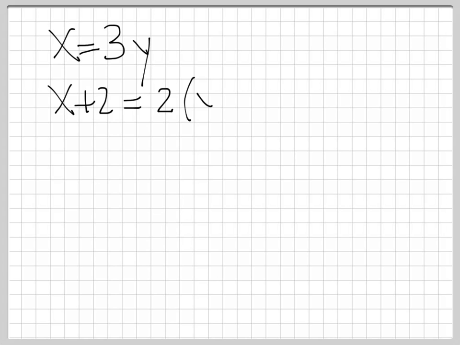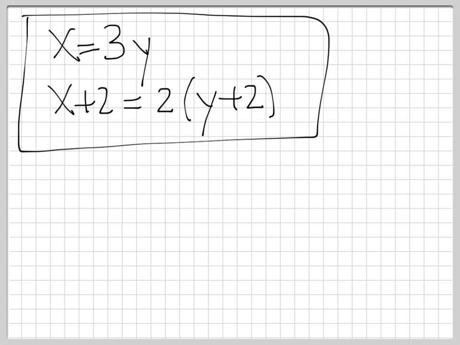And so look at my two equations. I have x equals 3y, and I have x plus 2 equals 2 times y plus 2. Now, your brain should be working here saying, this is just a system of equations. It's the chapter we're in. And this top equation, to me, screams, use substitution.